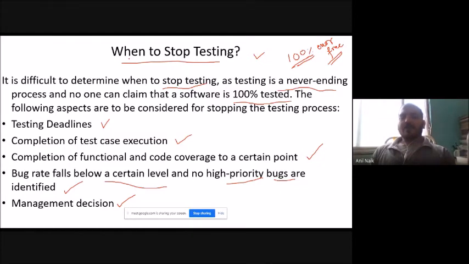And with completion of functional and code coverage to a certain point, or bug rate falling below a certain level, meaning we are not getting many bugs, then also we can stop. But each decision is based upon some parameters and also the management decision.